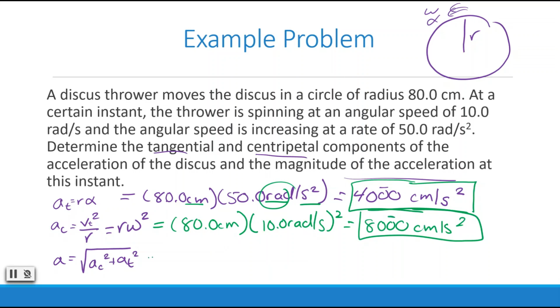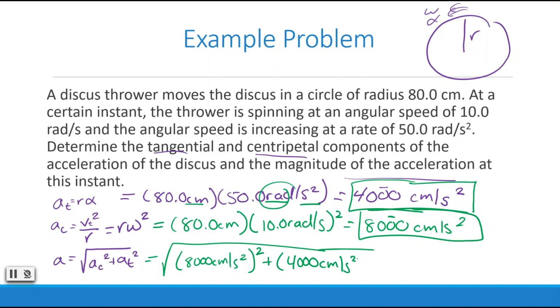Then to find our linear acceleration, we would do a_c squared. a_c is 8,000 centimeters per second squared. Square that, plus our 4,000 centimeters per second squared, squared. And it gives us, to three significant figures, 8,940 centimeters per second squared.